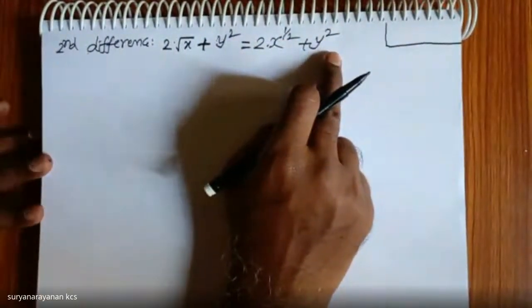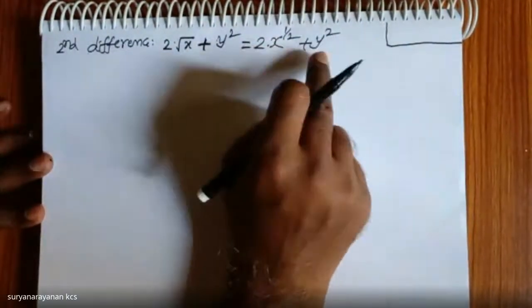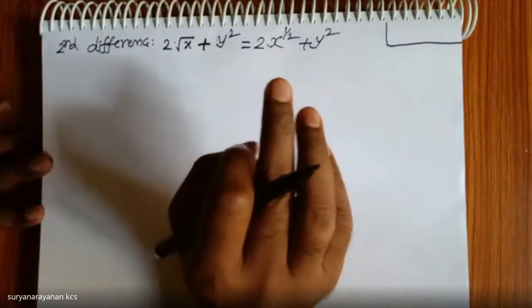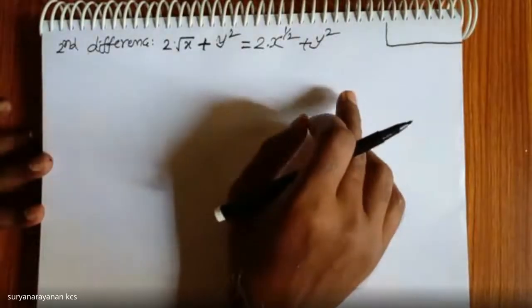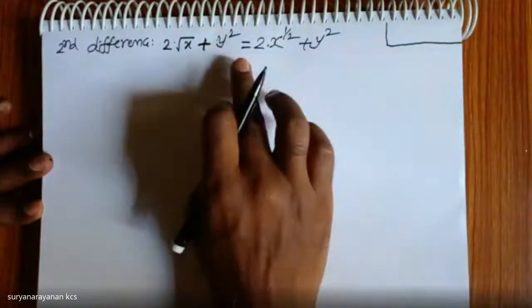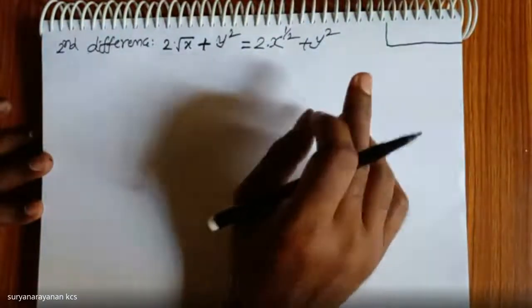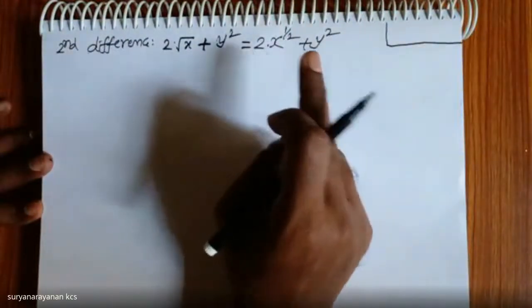In this case, if we observe, the powers of the variables always should be whole numbers. Otherwise, it is not a polynomial. The powers of variables, after simplification, should be whole numbers, meaning it may be 0 or 1 or 2 or 3 and so on.